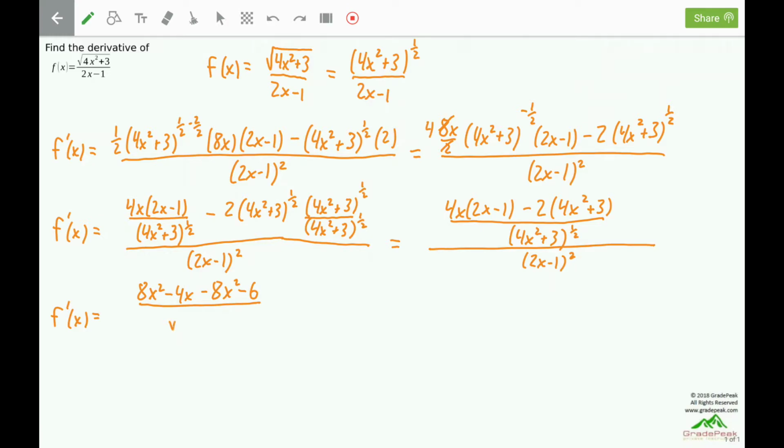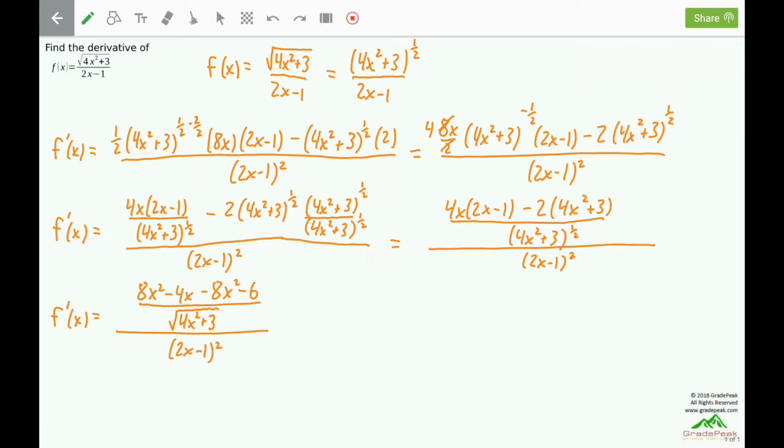I'm going to rewrite that as square root to the first power. And then all of this over 2x minus 1 quantity squared.